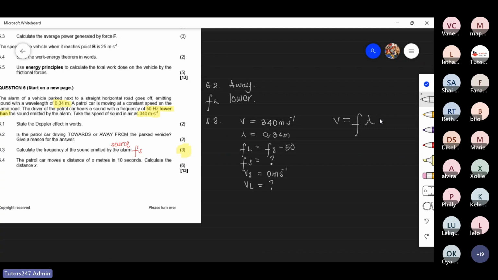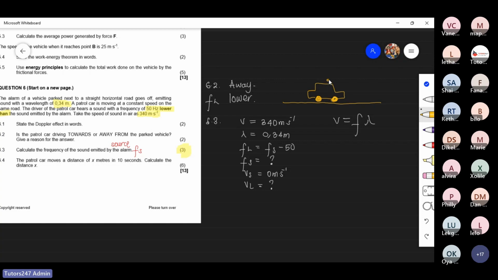In this particular case, the wave that we are associating this formula to is the sound emitted from this alarm. So this is your scenario: you have this road and this car parked on the side of the road.